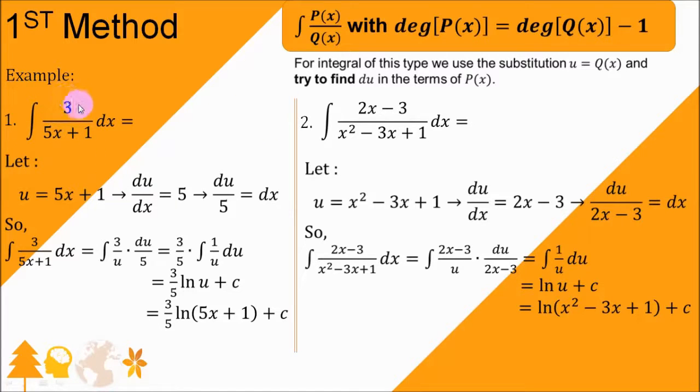We have 3 over 5x plus 1. The degree of P(x) is 0, and the degree of Q(x) is 1, so 1 minus 1 is 0, and the degrees match. So here we can use the substitution method. First, let u equal 5x plus 1.